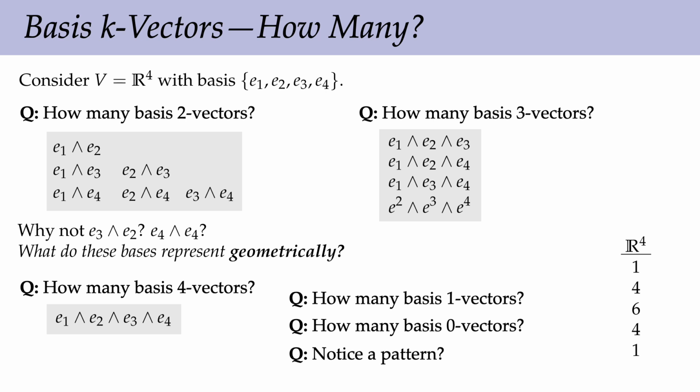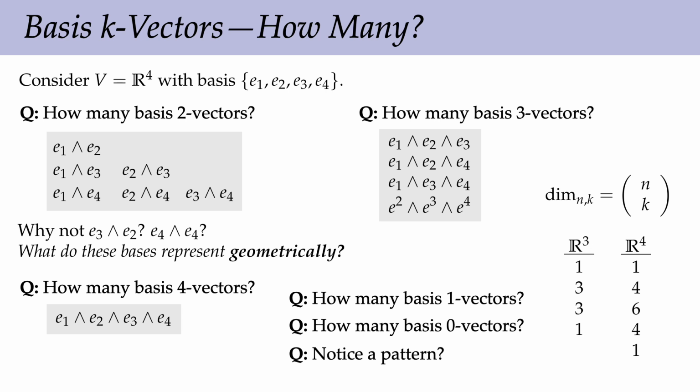What if I repeat this experiment for R3? How many basis 0, 1, 2, 3 vectors do I have? Oh, I'll end up with 1, 3, 3, 1. So what do you notice? Maybe what you notice is that the dimension of k-forms in n-dimensional space is n choose k.